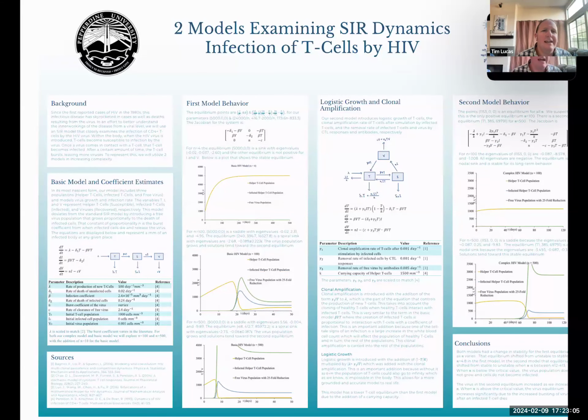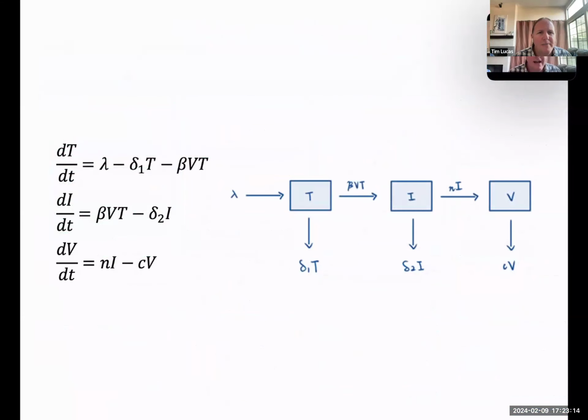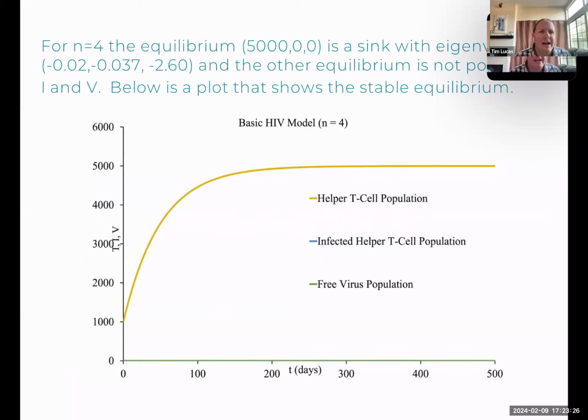Also had students look at an internal model of HIV, and so made a poster of that. And that was fun because they looked at a classic model of HIV where you had T cells, infected cells, and virions. And they plotted solutions. And for one particular set of parameters, they could see that the infection really didn't catch on.